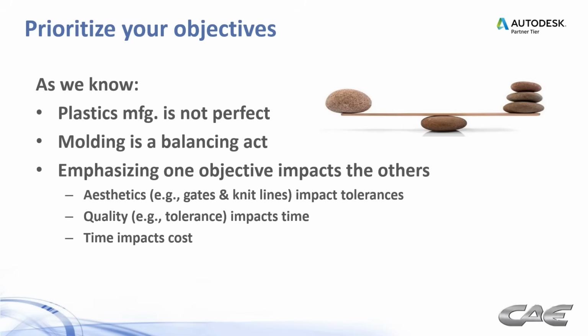So those tolerances or the quality issues are going to impact time. So the tighter the tolerance, generally speaking, the more time you're going to have to spend on figuring out how to get the warpage reduced, for example. And then the more time you spend, typically that's going to impact your cost.